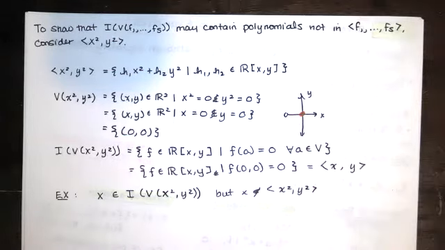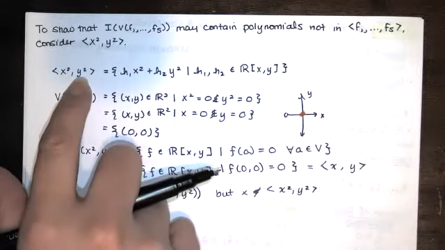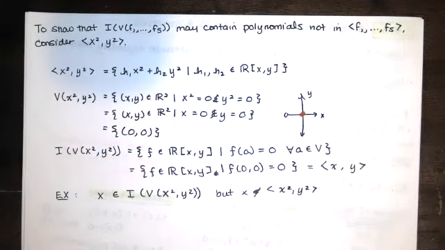And this ideal generated by x and y is strictly larger than this ideal generated by polynomials x squared and y squared. The powers are the problem, because these functions are equal to 0 when these functions are equal to 0.